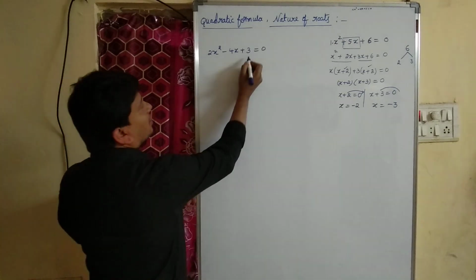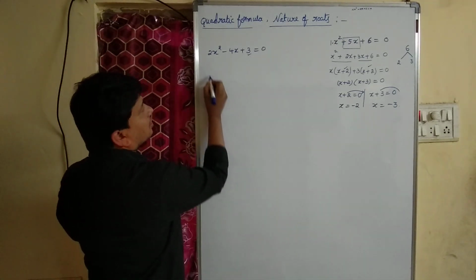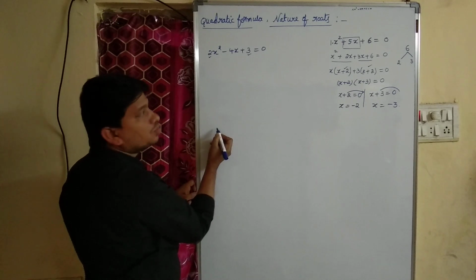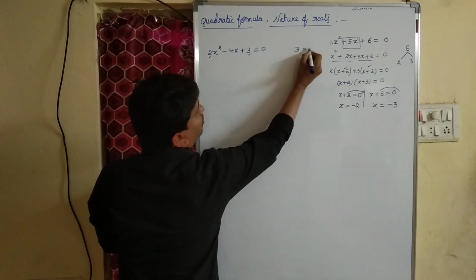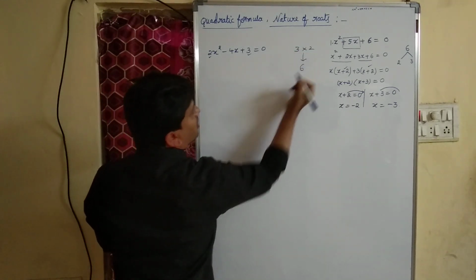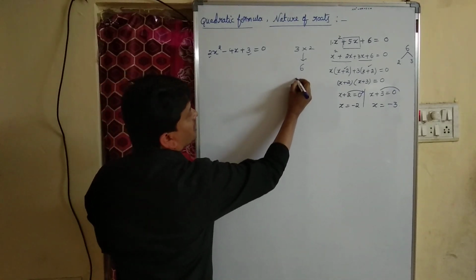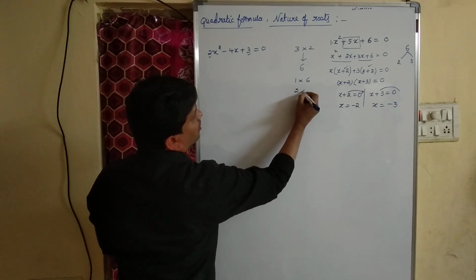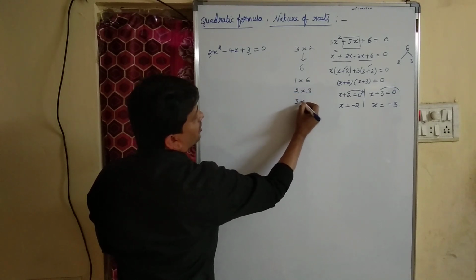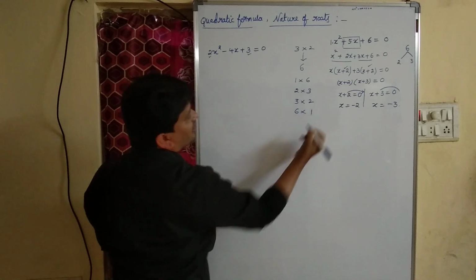Let us check it. Here we have constant 3 and the coefficient of x square is 2. So 3 into 2, 6. And we have the factors of 6: 1 and 6, 2 and 3, 3 and 2, and 6 and 1.